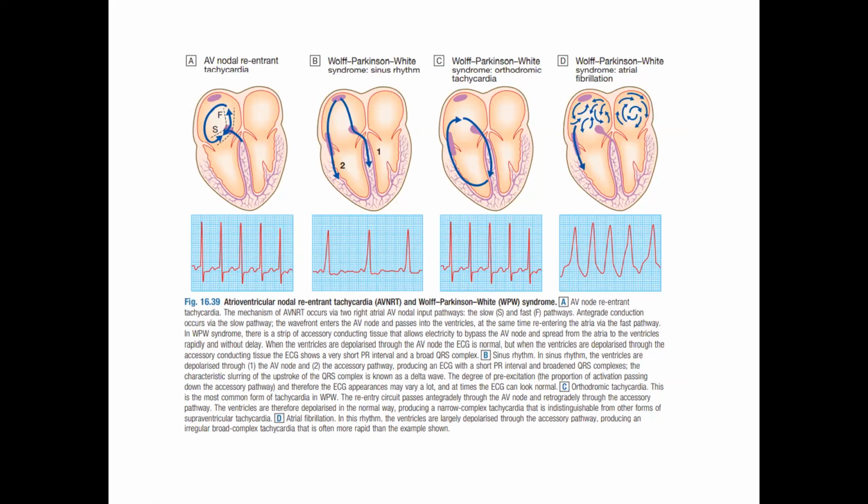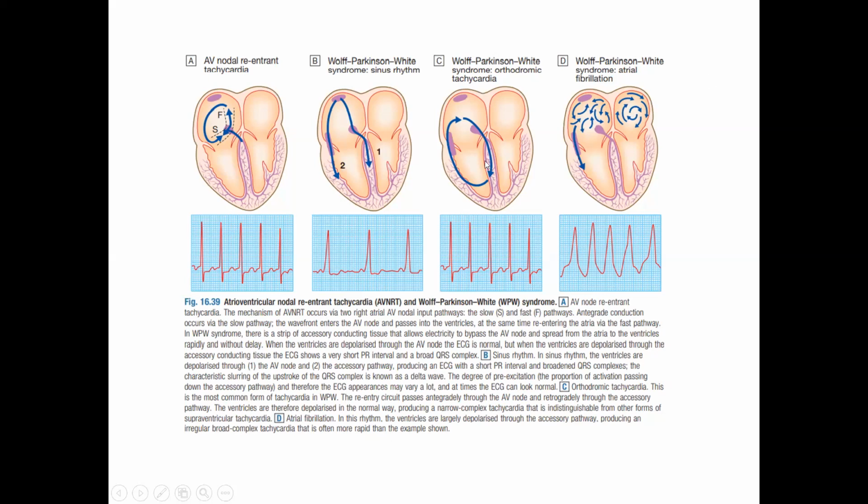There will be an accessory pathway, and the ventricles will be depolarized in a uniform fashion. Normally it should come like this. Although here there is an accessory pathway, the ventricles will be depolarized in a normal fashion.